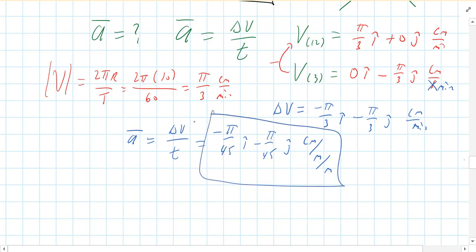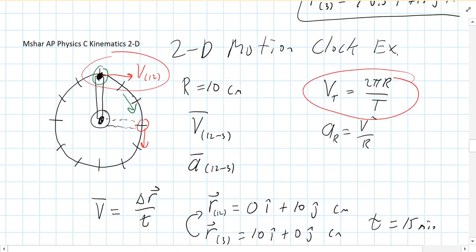So that is the average acceleration of the tip of the minute hand as it goes around the circle. Now, by the way, a quick note on that, both components are negative. So on average, when the minute hand is here, the acceleration is inward, which is down and to the left on average, okay?